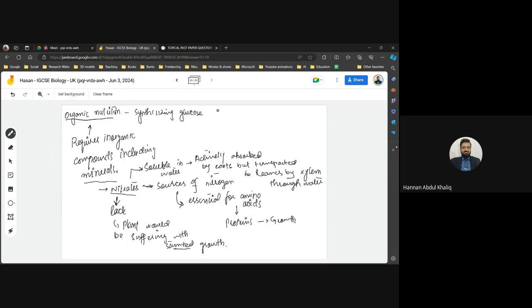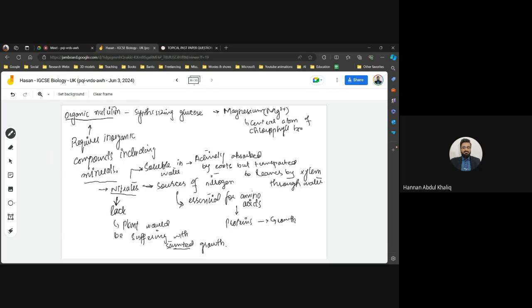Another thing very important, and that is magnesium, Mg2+. It is a central atom of chlorophyll.